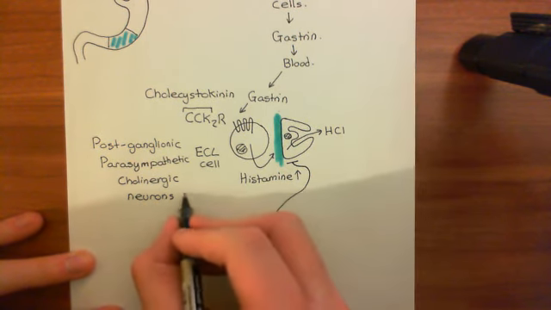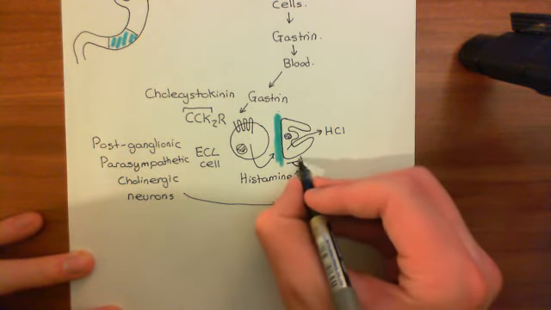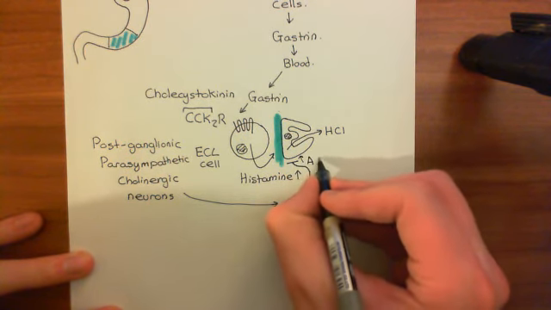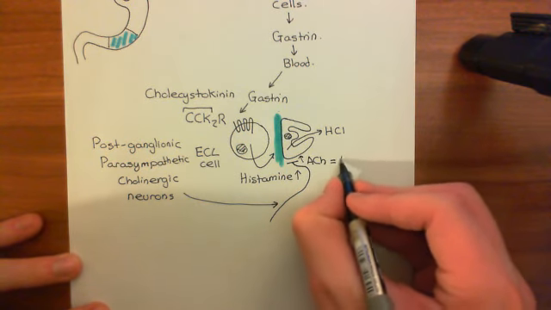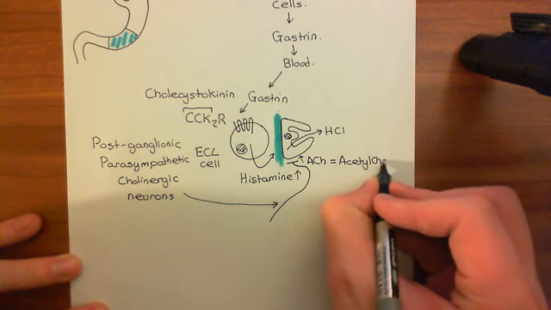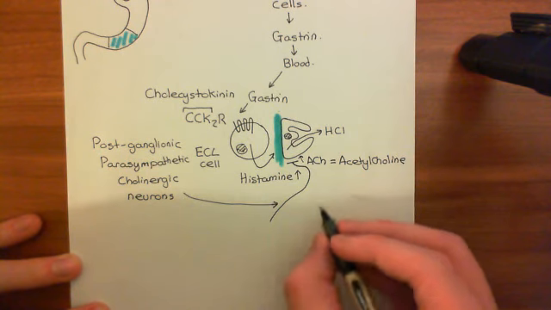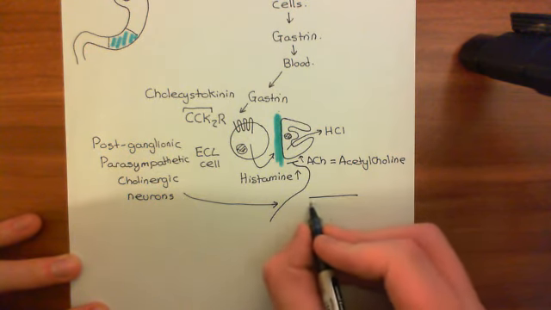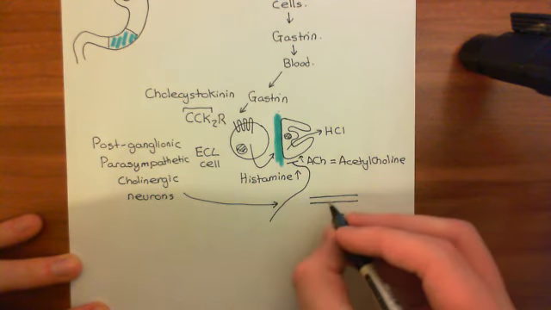Okay, so let's have one here. So this is one of these neurons here, and basically when they fire, what do they secrete onto the parietal cells? They secrete acetylcholine, ACH for short. So in full, this is acetylcholine. Now, the parietal cells have receptors for acetylcholine, and again, what's beautiful about these pathways is that it's always the same type of receptor.